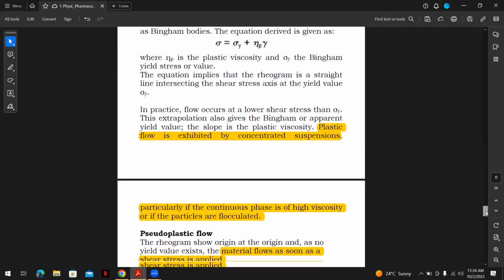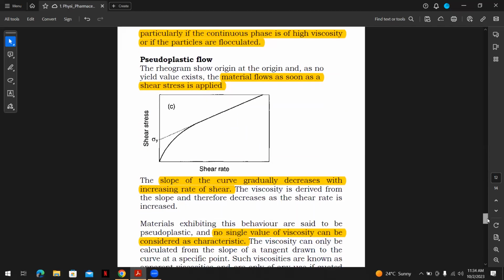And for pseudoplastic flow, it flows as soon as shear is applied, but the viscosity decreases with increasing rate of shear. So the more the rate of shear, the viscosity is decreasing.